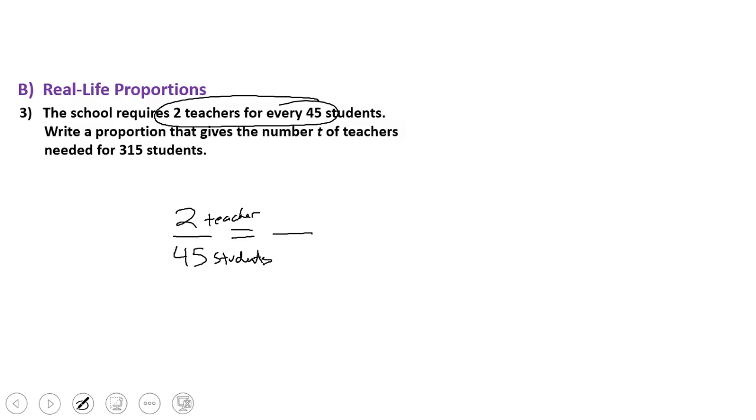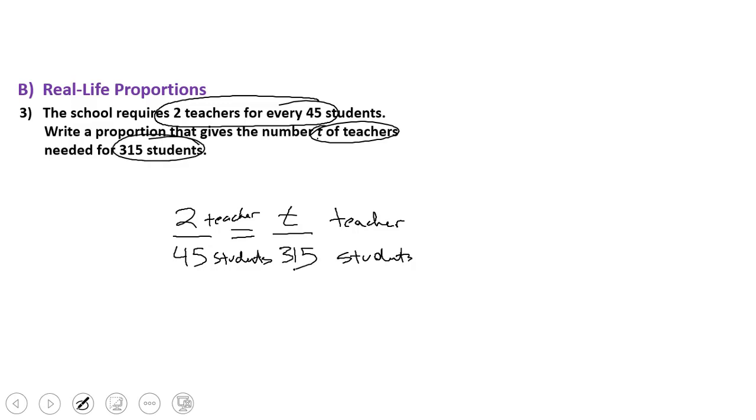Now this is going to help me because over here, my second ratio, to be consistent with my units, I've got to have teachers on the top and students on the bottom. So I look at the rest of the information that's given us, and it says write a proportion that gives the number T for teachers. So that goes where the teachers belong. Needed for 315 students.